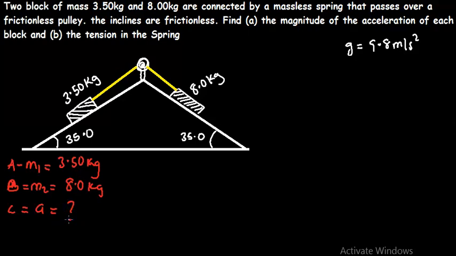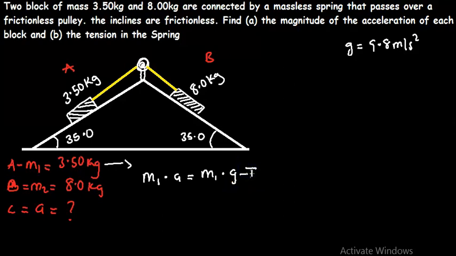So the next thing we need to do is to apply Newton's second law to each of the blocks. We're going to apply it to the first block, which is A, then come back and apply it to the second block, which is B. For the first block, which is 3.50 kg, this is going to be M1 multiplied by the acceleration, which we need. The right hand side is going to be M1 multiplied by the gravity minus tension.